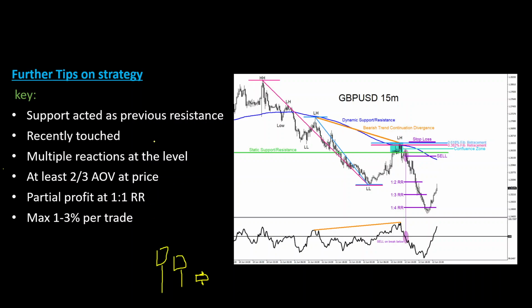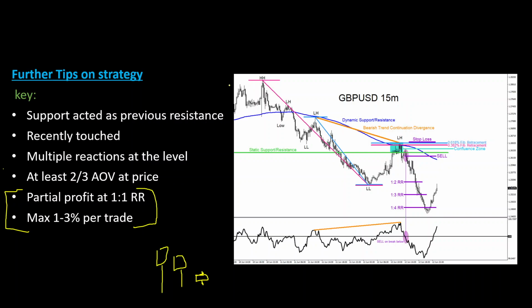So areas of value are like your trend line, your EMA, your support resistance. You can count, I think, Fibonacci as well. Like if it's coming back to a 68% level, that could be a really strong indicator that price could bounce off that level.